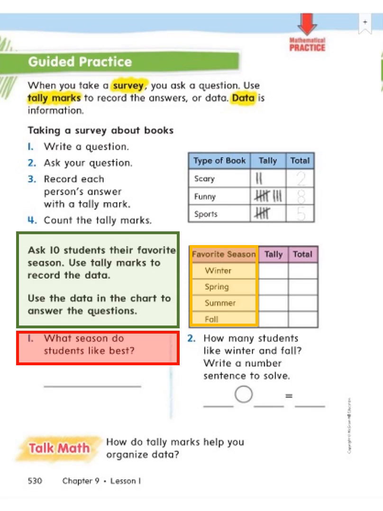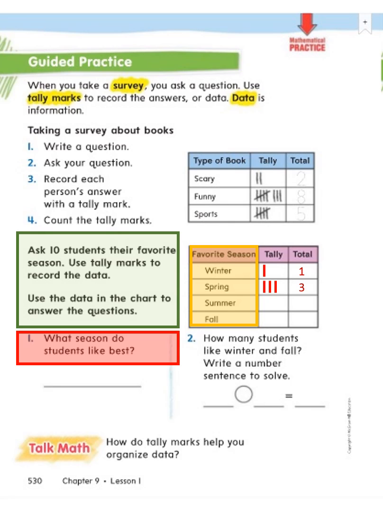Okay, and the other 2 columns, of course, are the tally and the total. So let's imagine we asked 10 people and one person said she liked winter the best. And after we ask everybody, we get a number like this for spring. We have 3 tally marks, so we'll add the number 3.